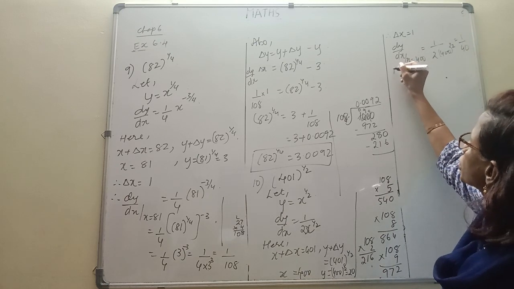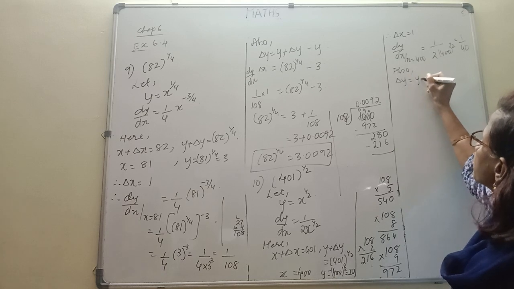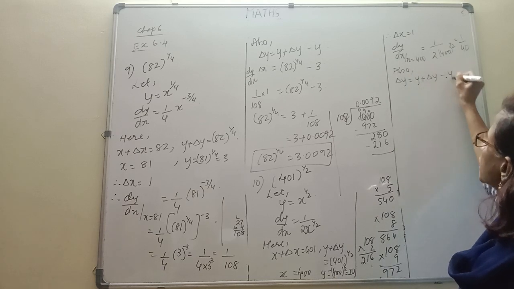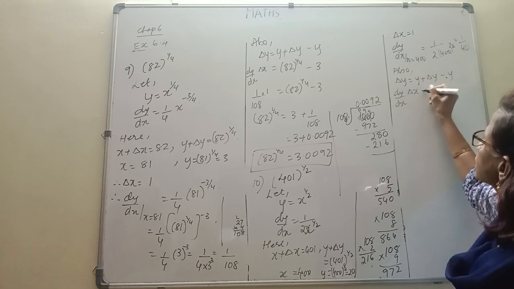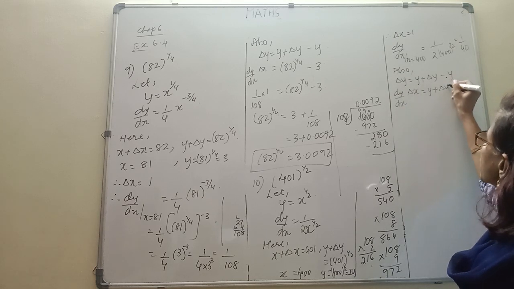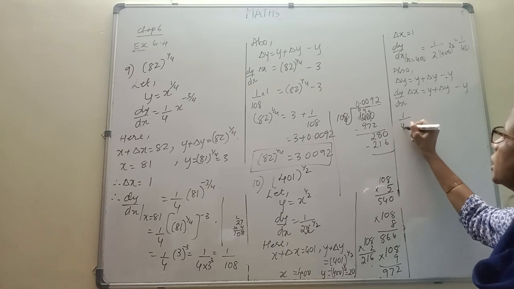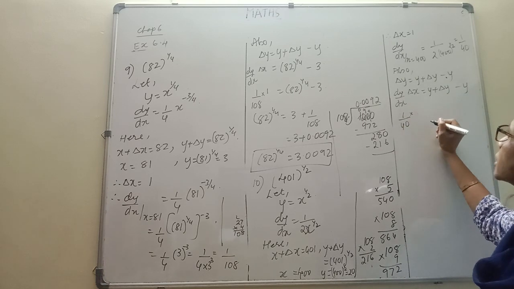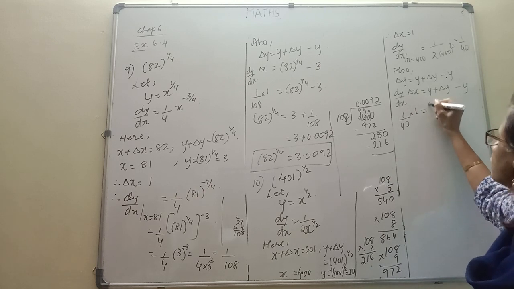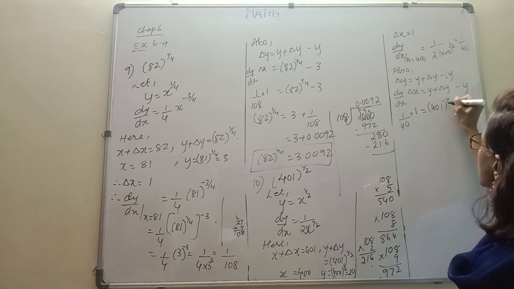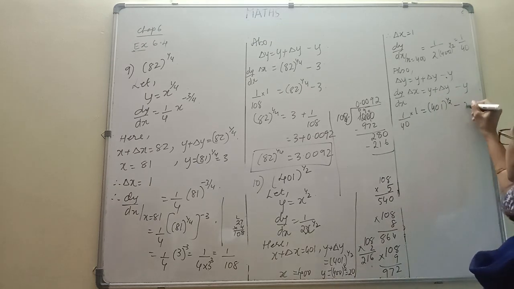Now delta y is y plus delta y minus y, and this delta y is dy by dx into delta x in approximation. Substituting, dy by dx is 1 by 40, delta x is 1, y plus delta y is 401 raised to half, and y is 20.